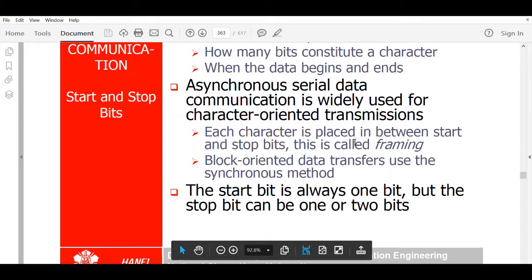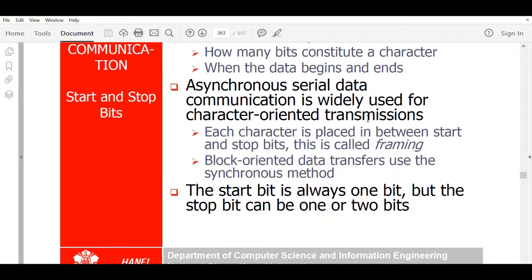For character-oriented transmissions, if you are sending characters, then asynchronous serial data communication is mostly used. Each character is placed in between start and stop bits, and this is called framing. What a start bit and a stop bit are, we will see in due course.